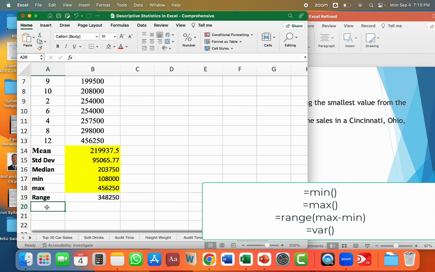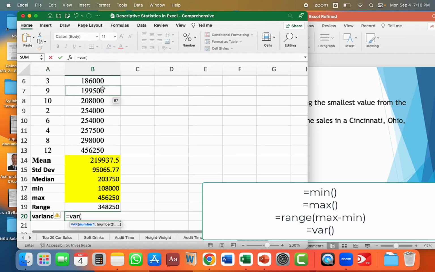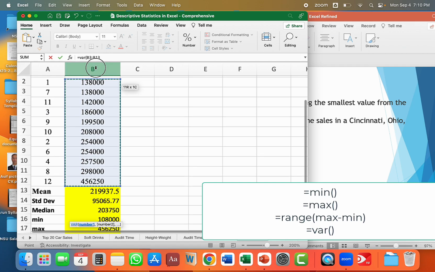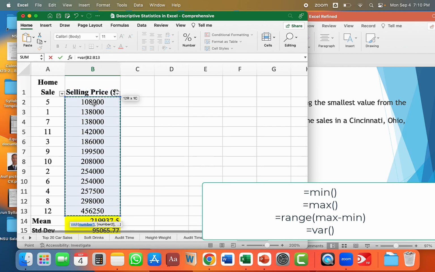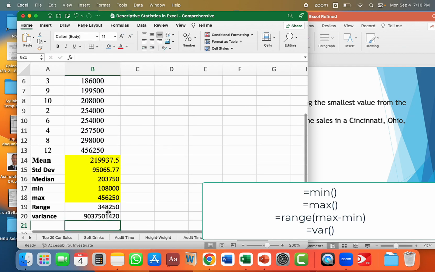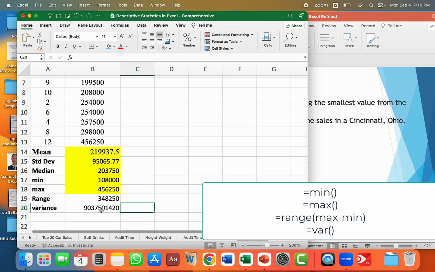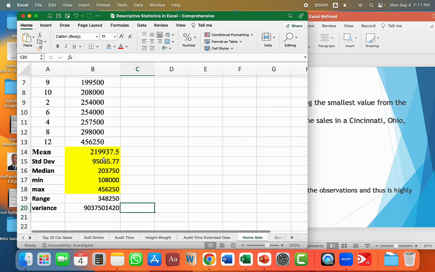And then there is another thing that's called variance. It's not very intuitive, and if you take square root of this one, it will give you standard deviation. So as you can see here, if I take square root of variance, it should give me standard deviation. So you see this number and standard deviation, they are identical.